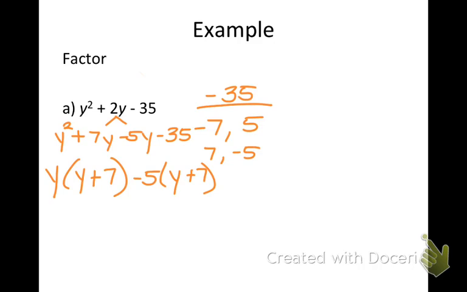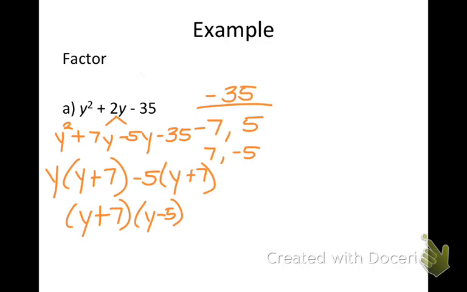Y plus 7. What's left over? Y minus 5. But it's a lot less work to just get to this and then go bam, right? So when your leading coefficient is 1, you can go right from this to this. I want to show you this process because when we get to problems without a leading coefficient of 1, factoring by grouping is going to have to work there.